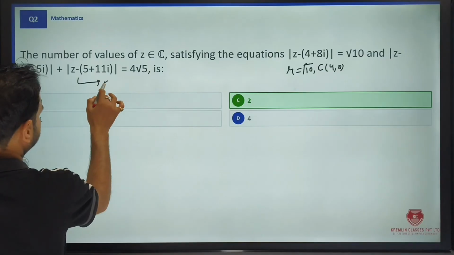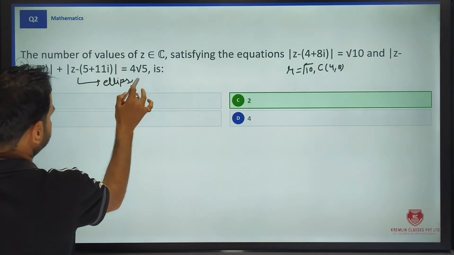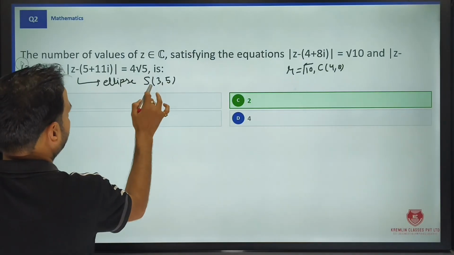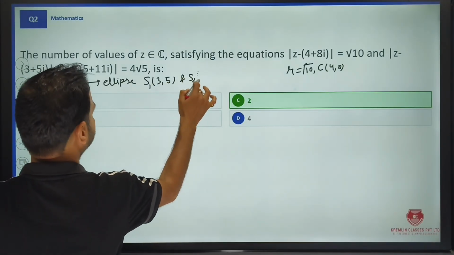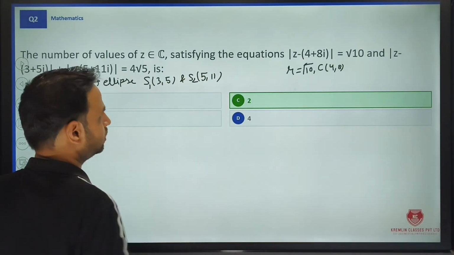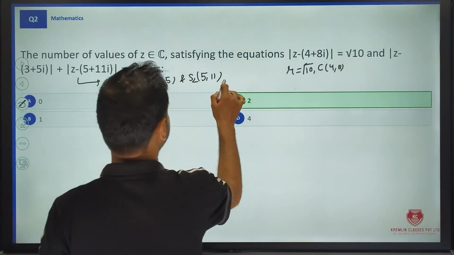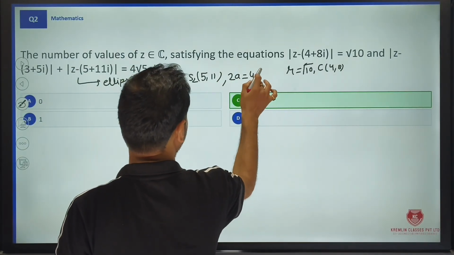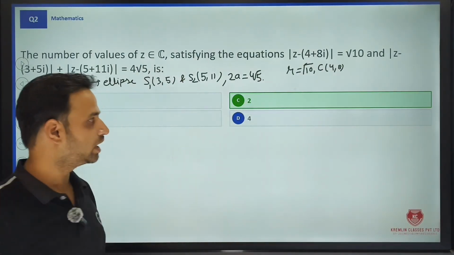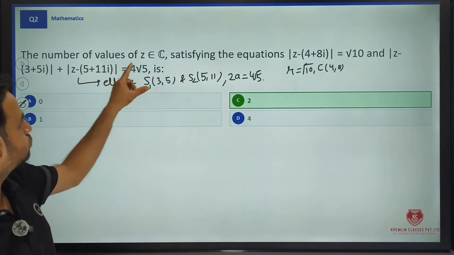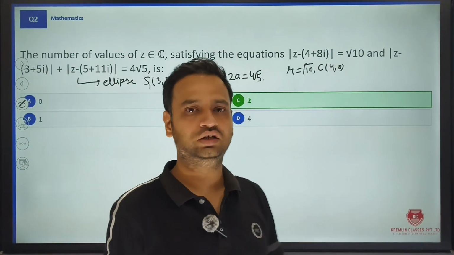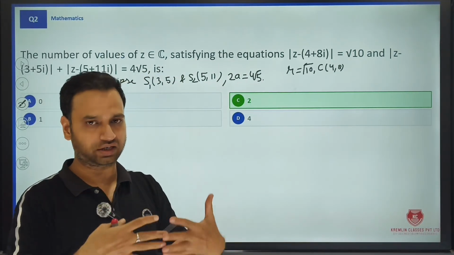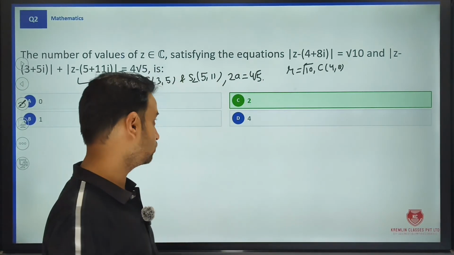So this is an ellipse whose foci are given by S1 (3, 5) and S2 (5, 11), and the length of the major axis is 4 root 5. We have to find the number of values satisfying these two, which means finding geometrically whether they are touching or cutting each other.